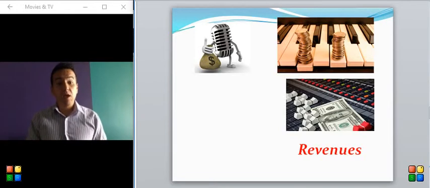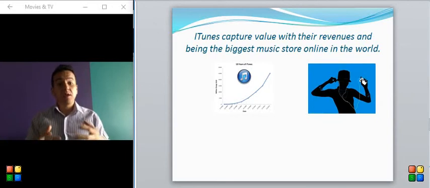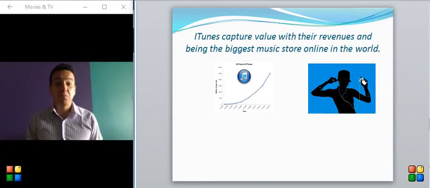And this is related to value, but how do they capture the value? They capture the value by having this money, and at the same time, it made iTunes the biggest music store online in the world. I think iTunes is by far the biggest music store online.